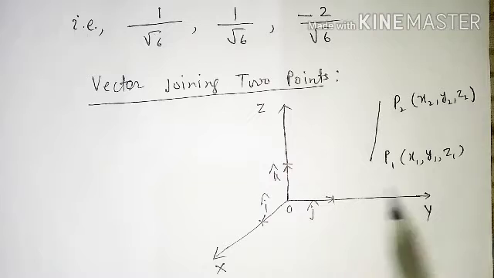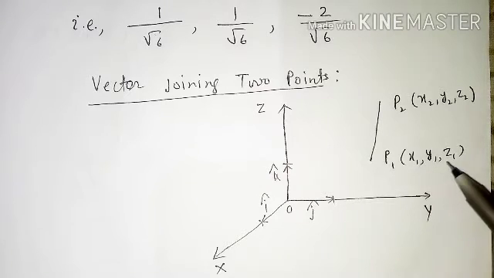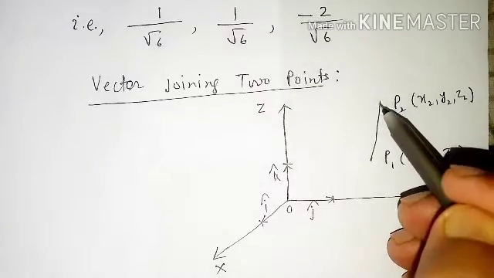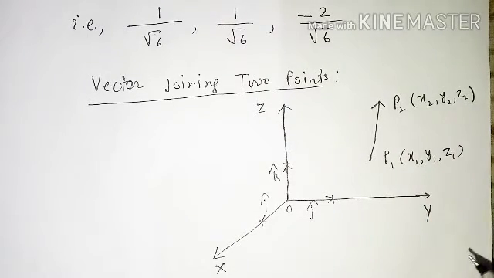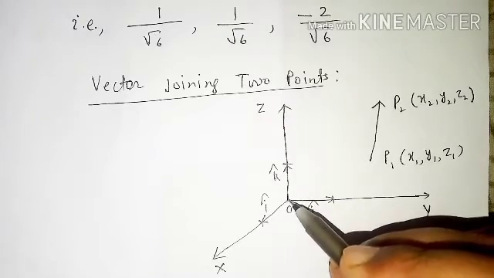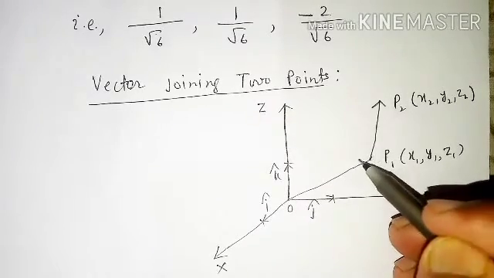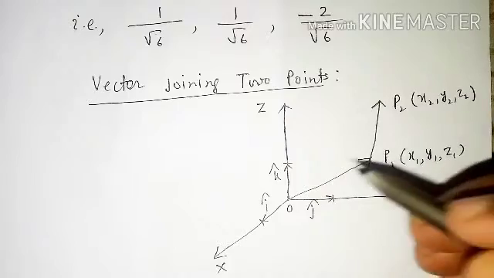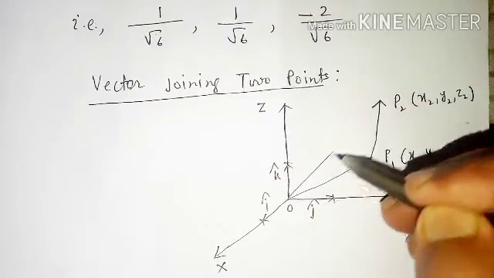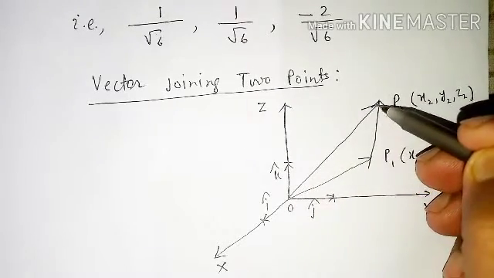Suppose that in space we have two points P1 (x1, y1, z1) and P2 (x2, y2, z2). Now we have to find the vector joining these points. So we join OP1 and OP2.